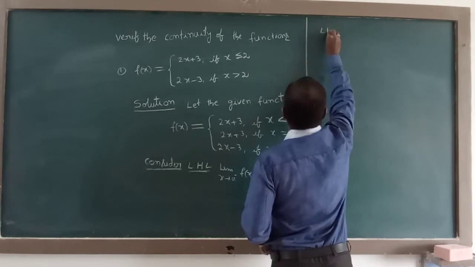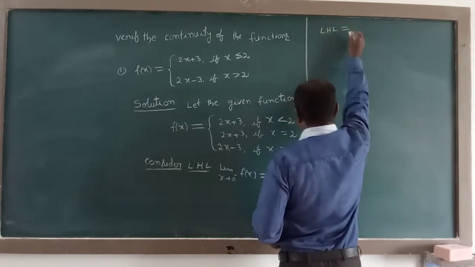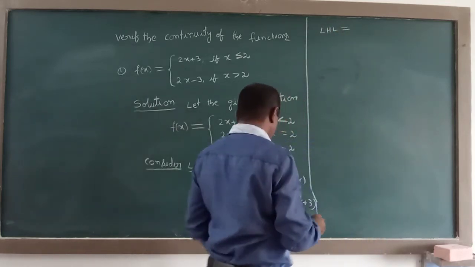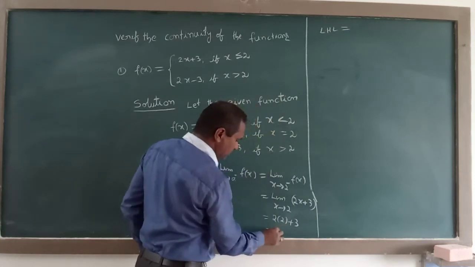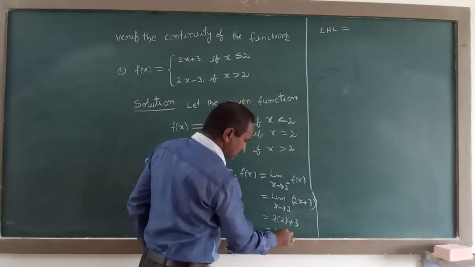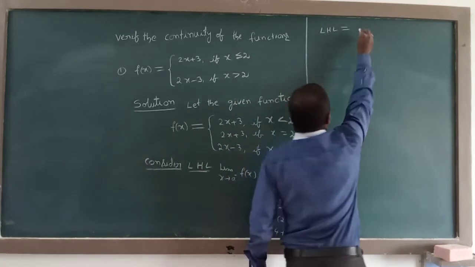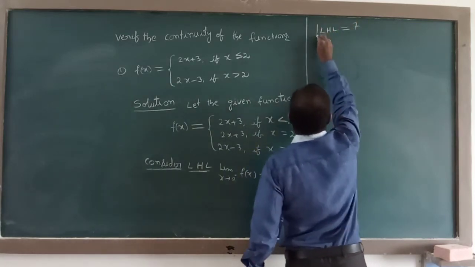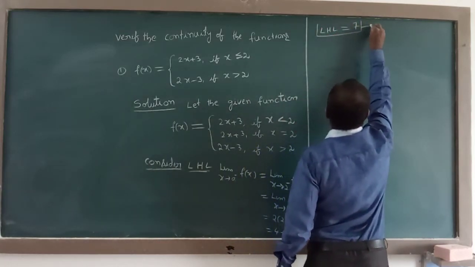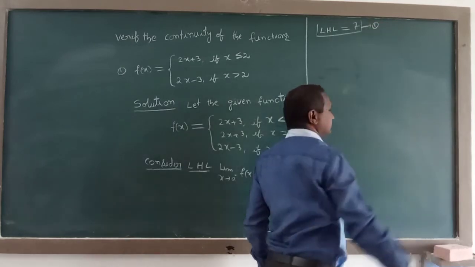LHL is equal to 4 plus 3. Therefore, LHL is equal to 7. This represents equation number 1.